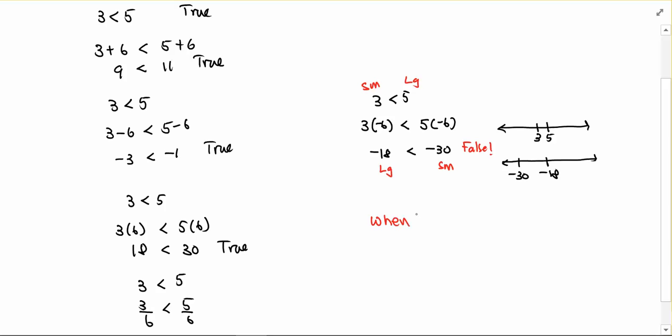When you multiply, actually it's true for division as well.